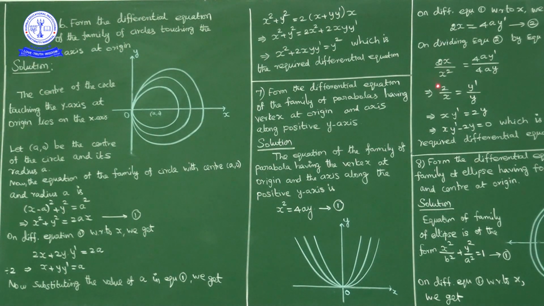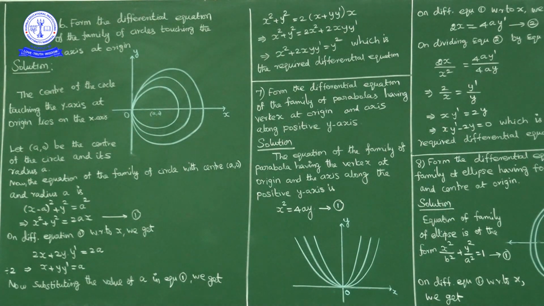Okay, so 2x by x square is equal to 4a y dash by 4a y. 4a cancel on both sides and x, x cancel here. Okay, now what we have, 2 by x is equal to y dash by y, cross multiply. So what we have, 2y is equal to xy dash. So xy dash minus 2y is equal to 0, which is the required differential equation.